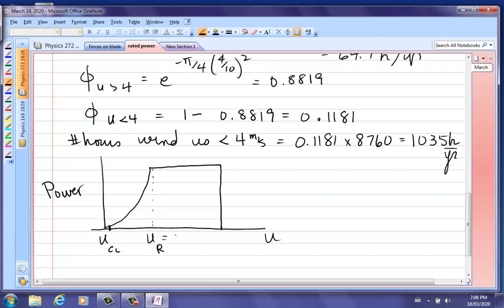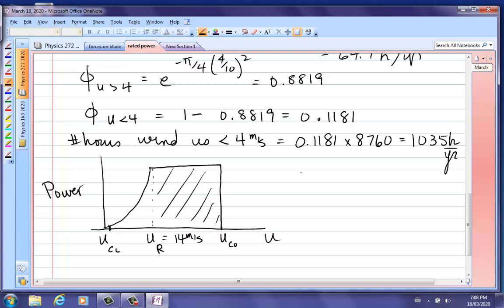And for this machine it's 14. And then this is your cut out. This is your 25. And so if we want to know how much energy this turbine is producing, we need to know how many hours is the wind speed between 14 and 25, because basically this is the production region, and that's the only region that you count here.